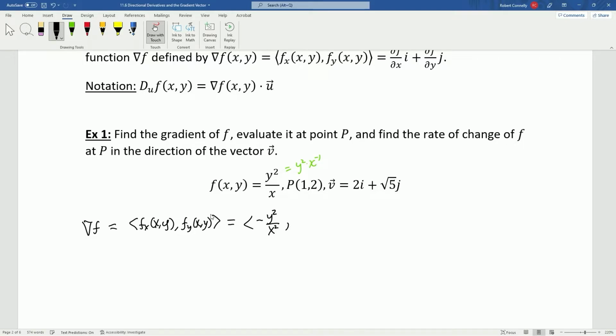And then the partial with respect to y is just going to be 2y over x. So if I want the gradient of f at the point 1, 2, that's going to give me negative 4 over 1, so that's just negative 4, and 2 times 2 over 1, so that's just positive 4.